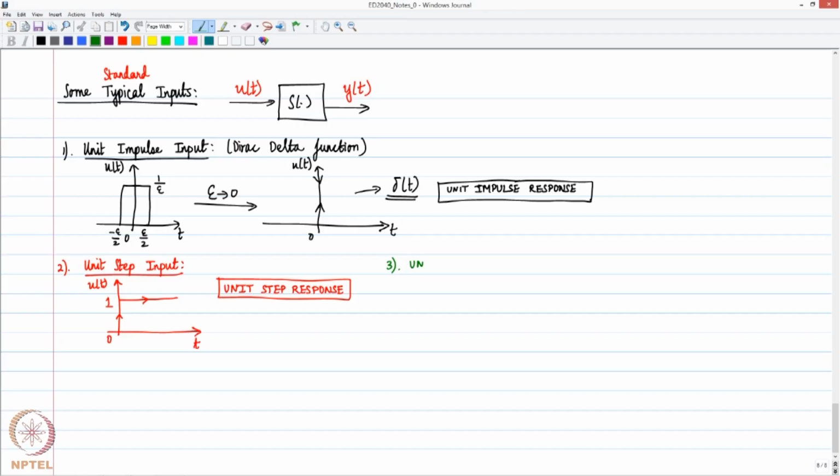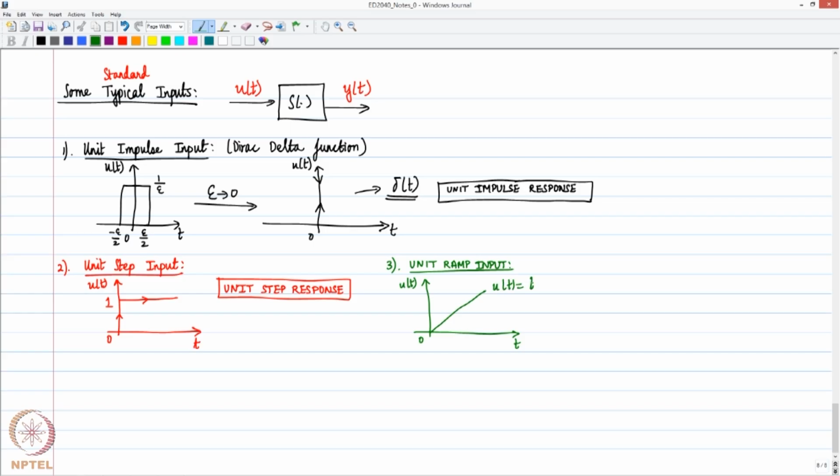So, the third standard input that we would consider is what is called a unit ramp input. What is this unit ramp input? Unit ramp input is nothing but u of t is equal to t. Okay. So, that is a unit ramp.